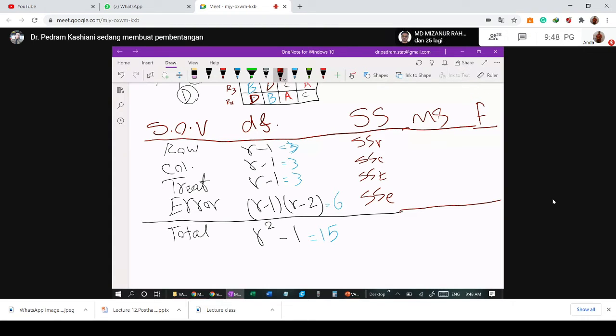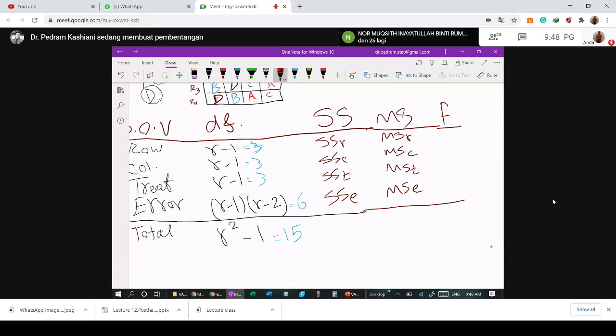SS divided by DF gives me the variance, MS, for row, MS for column, MS for treatment, and MS for error. And lastly, I need to calculate 3 F.